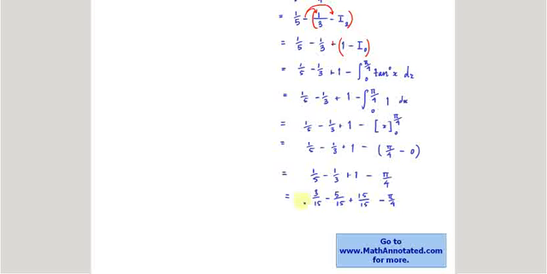All these constant terms become 3 minus 5, which is minus 2, plus 15 is 13 over 15, minus pi on 4, and voila, that's it. That's our answer. That's all there was to it. And I've checked that against the answers.